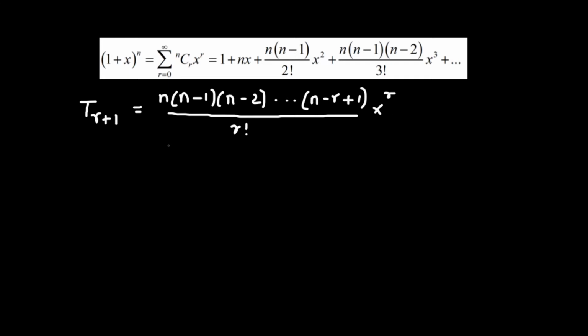While doing this derivation, I didn't discuss much about how the final term, which is n minus r plus 1, was obtained. So let me give you a quick help.